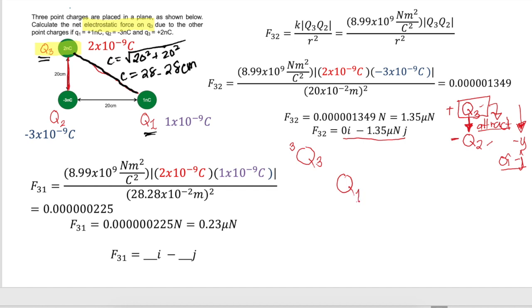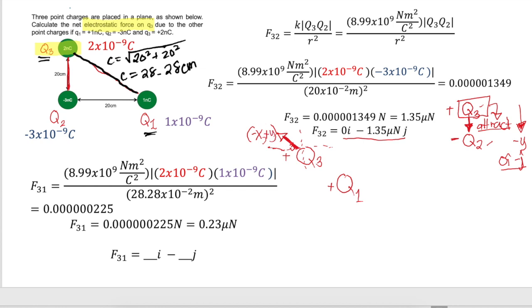Now, what is experienced by Q3 due to Q1? Is it attraction or repulsion? Since they are both positive, it's actually repulsion. So Q3 will go to this side. Now I will just write an x and y axis so that you'll know. Here on this side, the negative is x and the positive is y.